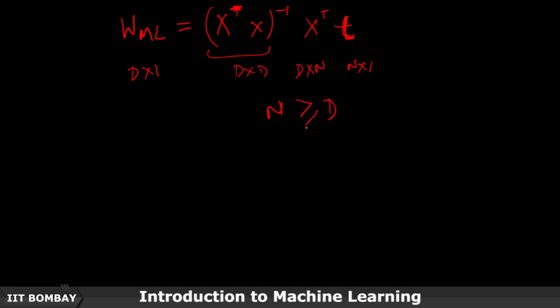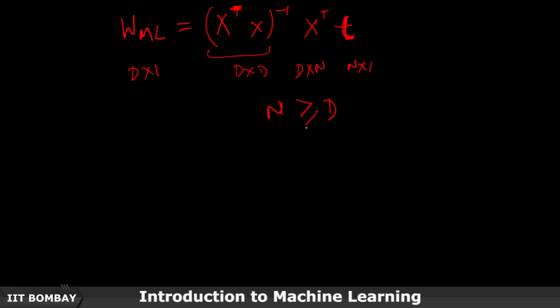So if n is greater than or equal to d, then we have an overdetermined system and we will not have an exact solution. What that means is that our error will never be 0, but the sum of squared errors is going to be the minimum. So we will find a solution where the sum of squared errors is the minimum, and that is precisely what we started out to do.